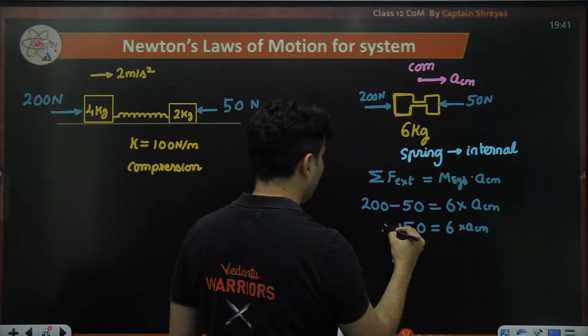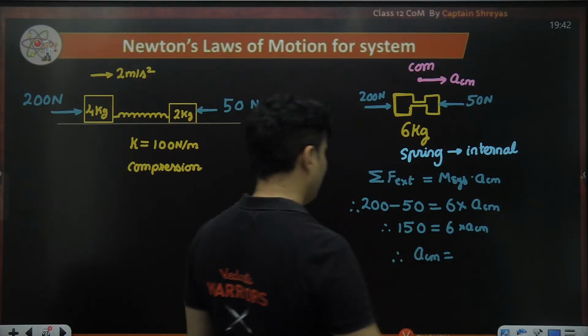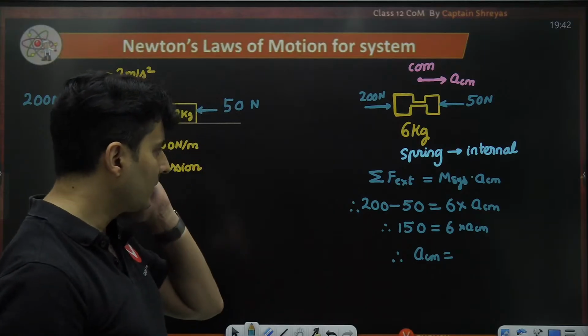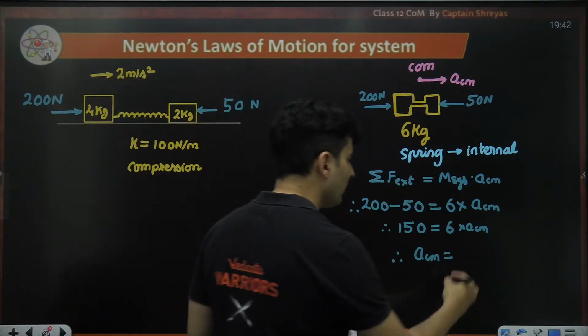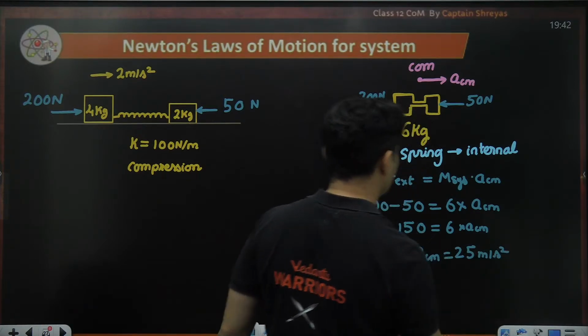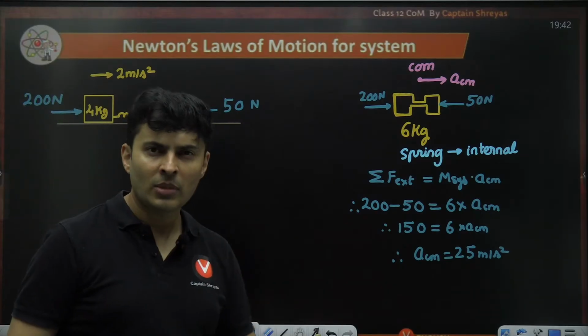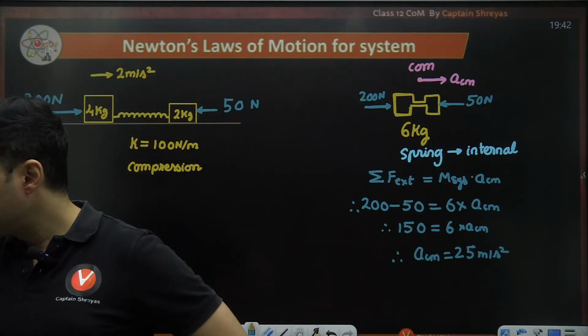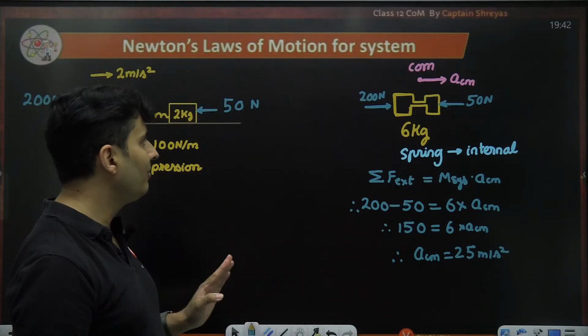So therefore, ACM will be 150 by 6. How much is that? 15 by 6... so 25, just check this out. Yes. So this will be 25 meters per second square. That is the acceleration of center of mass. Is this absolutely clear? Everybody with me? Understood till this point? How we find acceleration of center of mass?